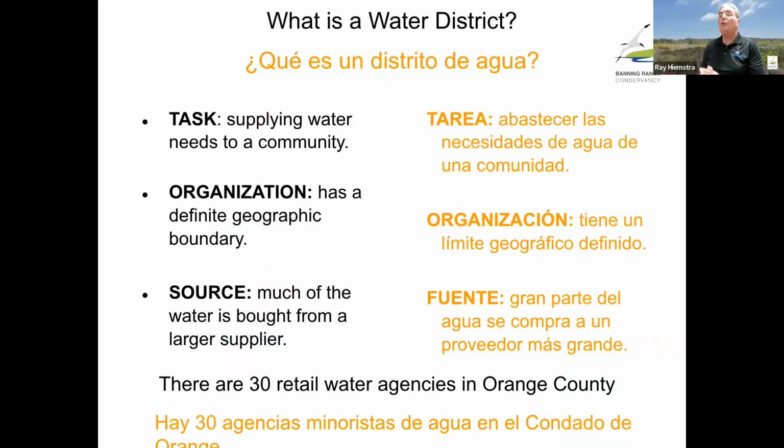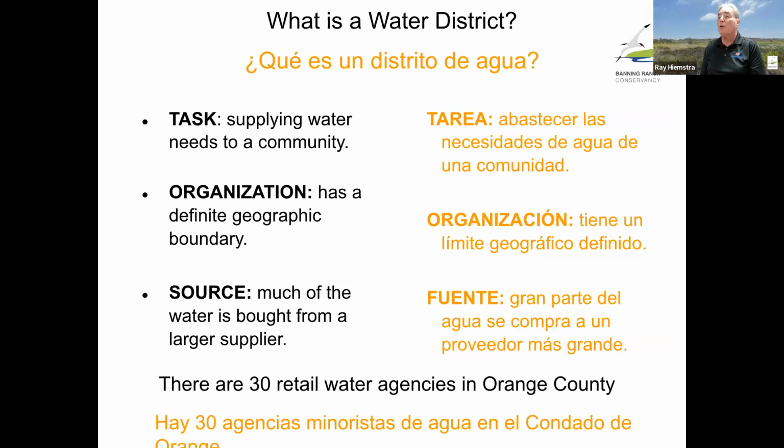So what's a water district and why should you care? Well, they're actually very important organizations, and I wouldn't be surprised if you didn't know who your water district was, or what they really do. Their task is to supply our water needs to the community.